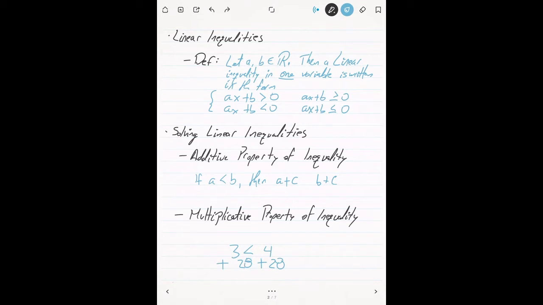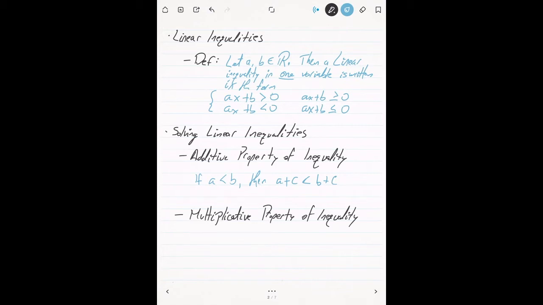So here you would get, what's that, 31? And here you would get 32. This side is still greater than this side. You increase them by the same amount. So we have just preserved the inequality, okay? It's still a less than sign here, okay? The one side's still bigger than the other.